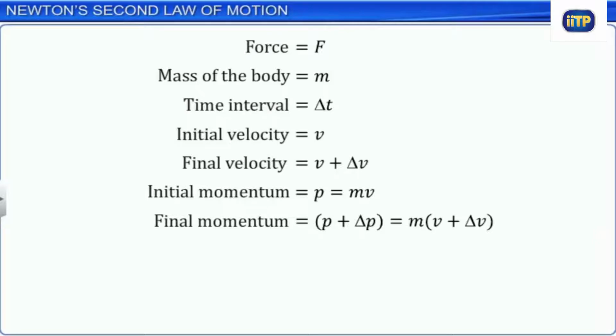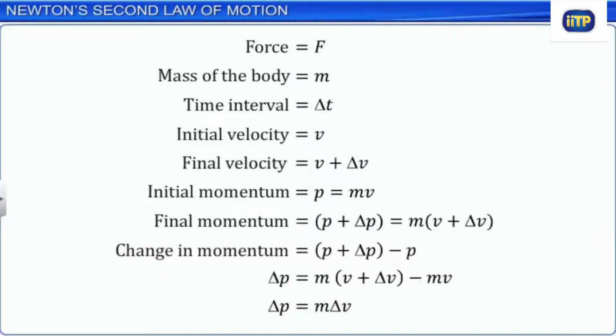On simplification, we get the change in momentum of the body, delta p, as the product of mass m and the change in velocity, delta v.